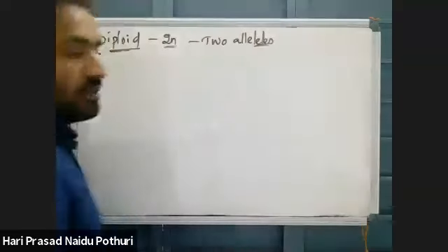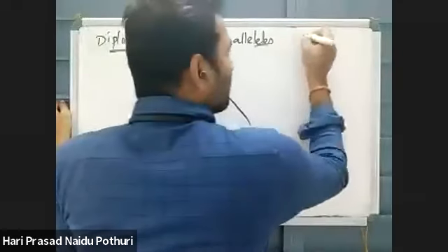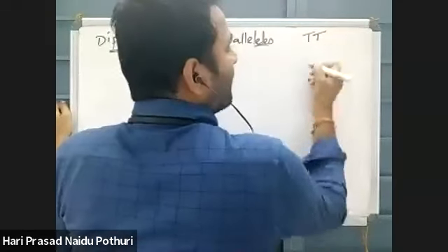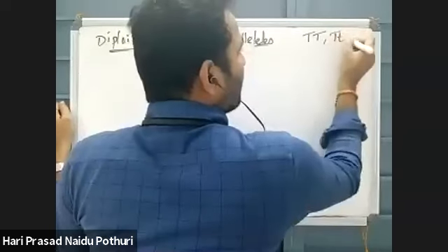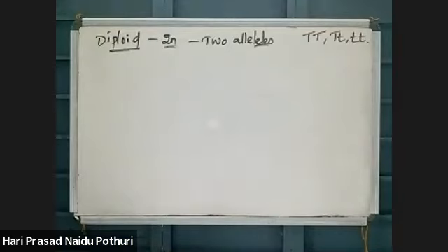The two alleles may be homozygous dominant, heterozygous capital T small t, or small t small t.